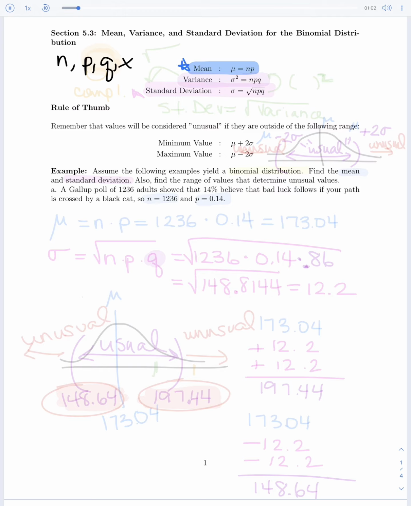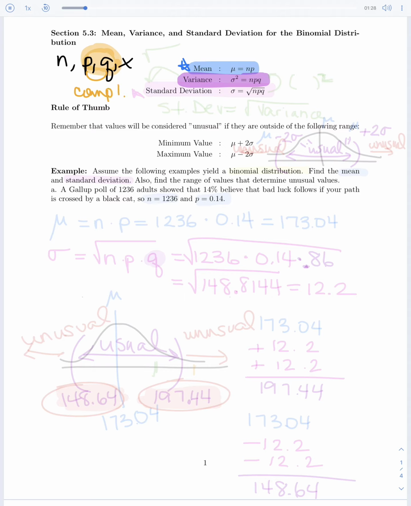Now, to find variance, you actually do n times p times q. So you just take the mean and multiply it by an extra one. You multiply it by the q. As a side reminder, remember p and q are complements, so they have to add up to 1.